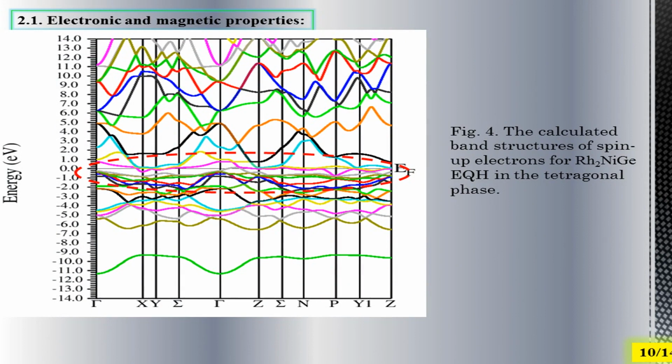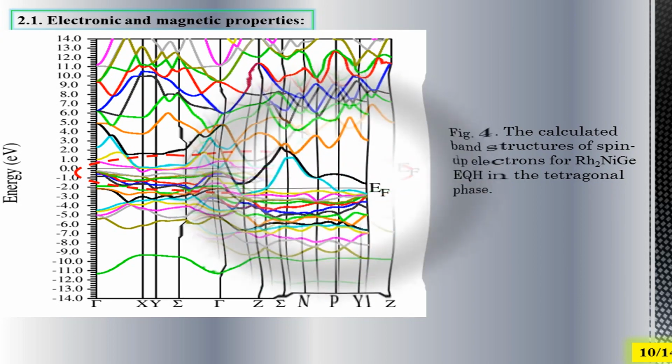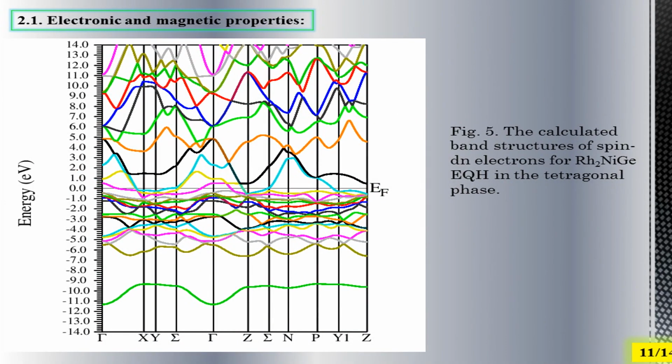Figure 4 shows the calculated band structure of spin-up electrons for Rh2NiGe in the tetragonal phase. Figure 5 shows the calculated band structure of spin-down electrons for Rh2NiGe in the tetragonal phase.